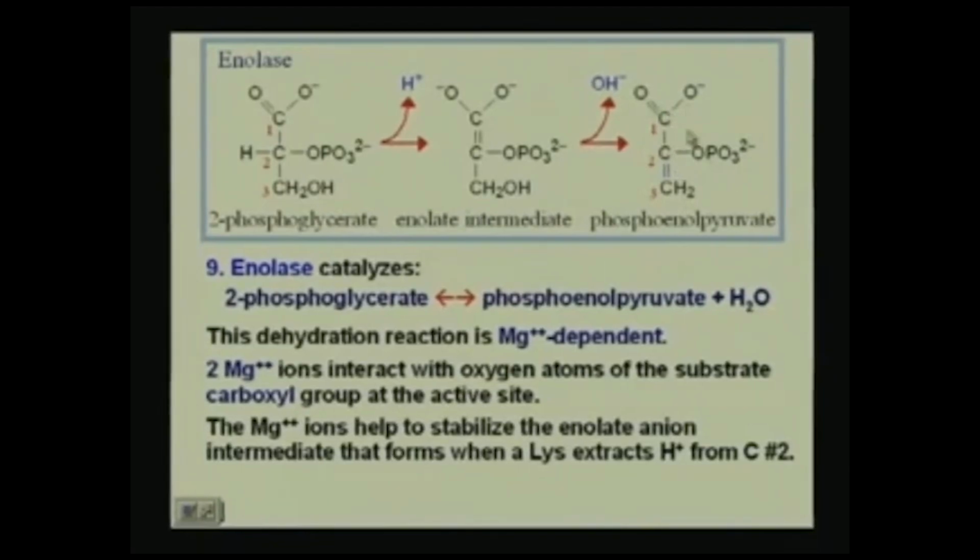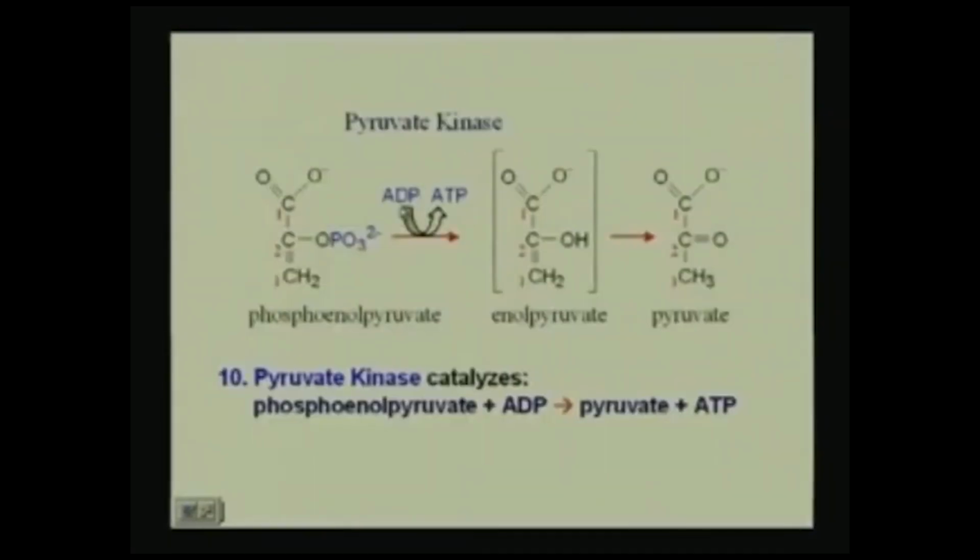Okay, so we have to lose this phosphate, and who takes up the phosphate? ADP. So now we form another ATP in this step of glycolysis. The enzyme here is pyruvate kinase that is shifting the phosphate. Remember, the kinase shifts the phosphate.